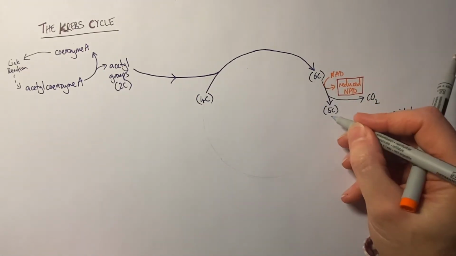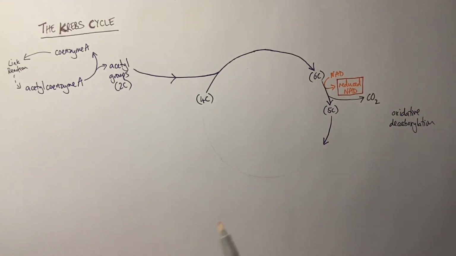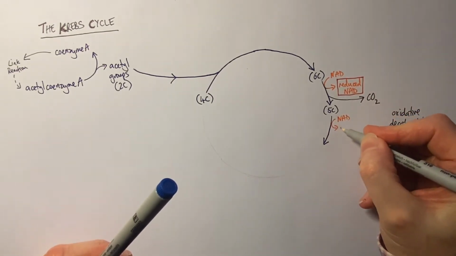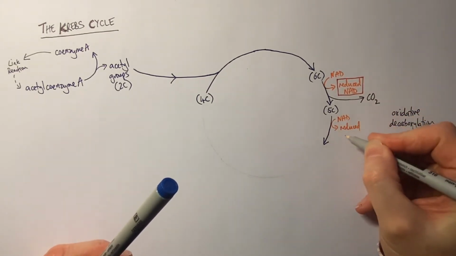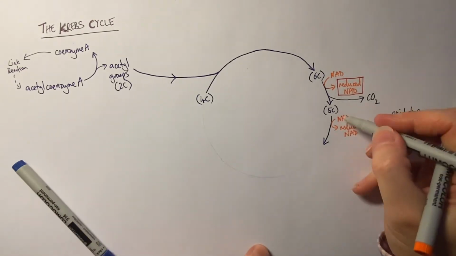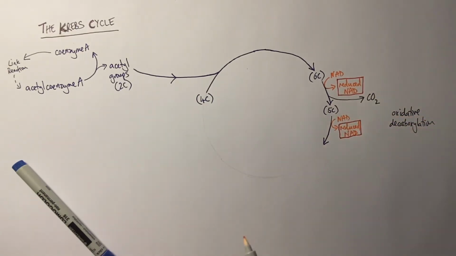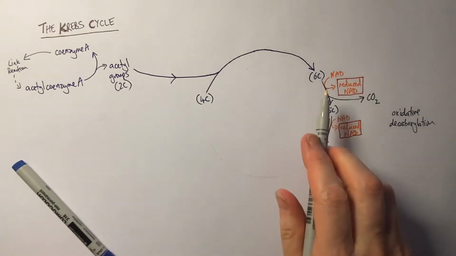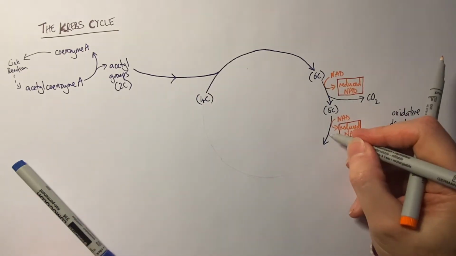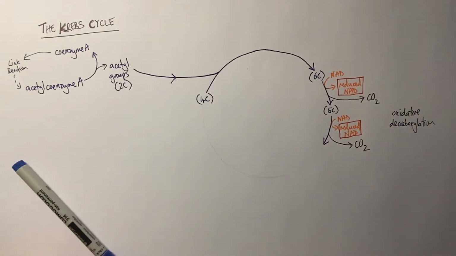And then the same reaction takes place, exactly the same. So NAD comes in and we get reduced NAD formed with the loss of hydrogen. So another point where hydrogen is being removed from the acetyl groups, source of chemical potential energy, and the loss of carbon dioxide.